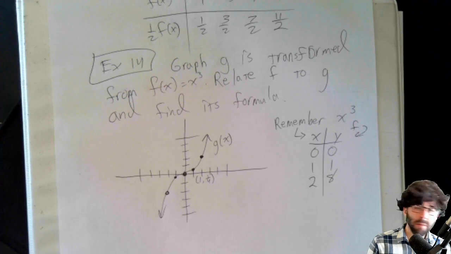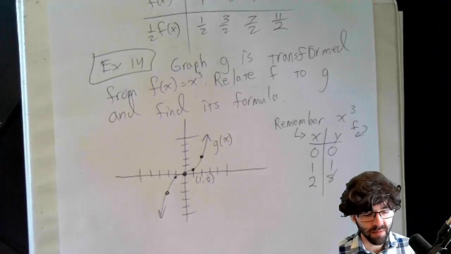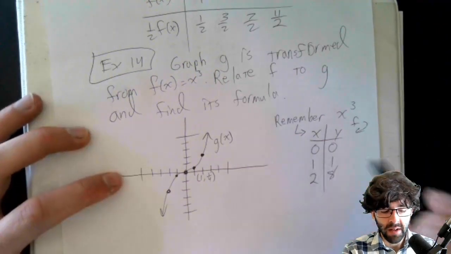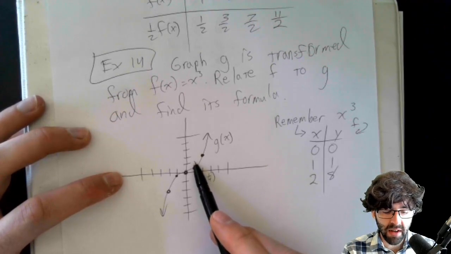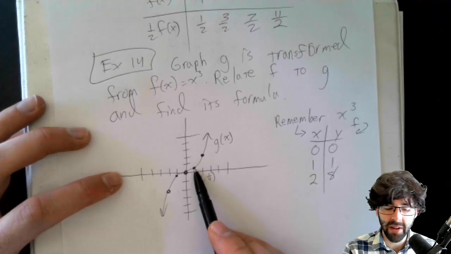Okay. And the answer is, well, we thought we'd be at a y value of 1 here, but we're actually at 1/4. A quarter of what we thought we were going to be.